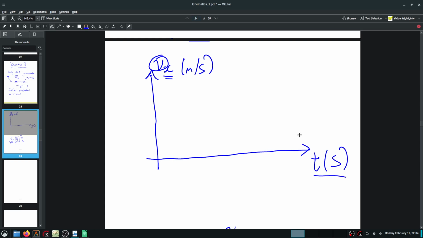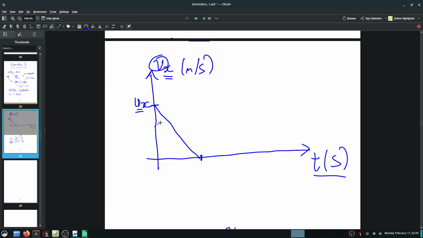Time in seconds. So again, we will have Ux at the start. This is your initial speed, or initial velocity in the x direction. Then it's going to go all the way down like this until it stops.